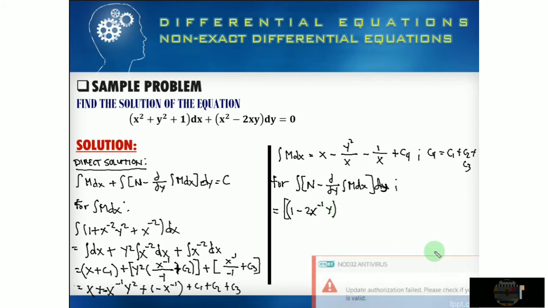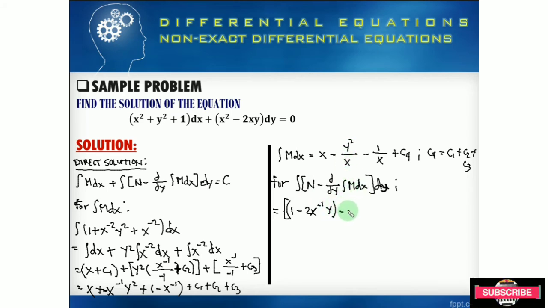And then we have this minus this partial derivative with respect to y of this quantity, okay? So what is this quantity? This integral of m dx, which is this one, okay?